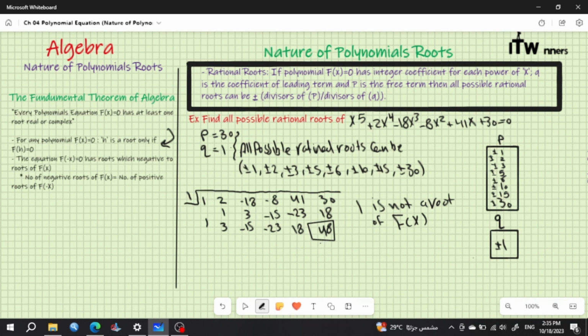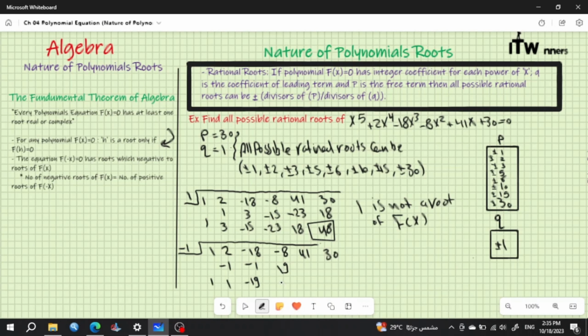So we have here again the coefficients of the equation, this time with negative 1: 1, 2, negative 18, negative 8, 41, 30. So we have here 1, 1 times negative 1 equal to negative 1. Here we have 1, negative 1, here we have negative 19. Negative 19 times negative 1 equal to 19.